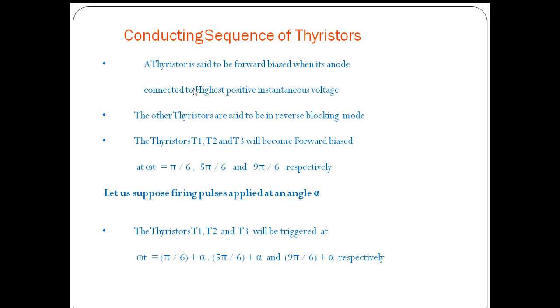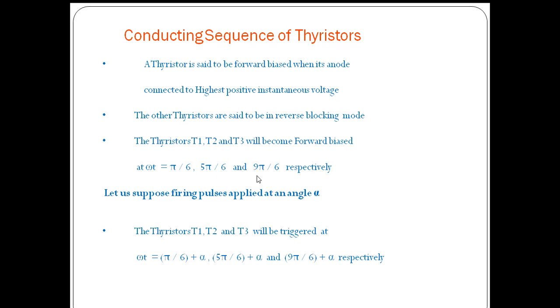Conducting sequence of thyristors. A thyristor is said to be forward biased when its anode is connected to the highest positive instantaneous voltage. The other thyristors are in reverse blocking mode. Thyristors T1, T2, T3 will become forward biased at omega t equal to pi by 6, 5 pi by 6, 9 pi by 6.